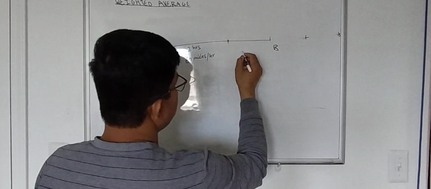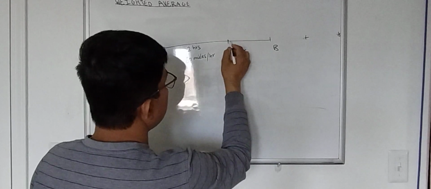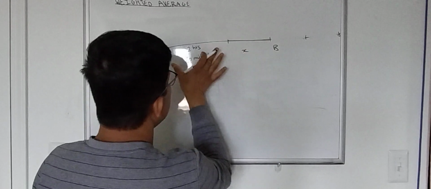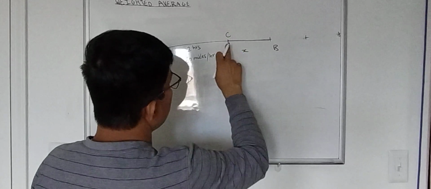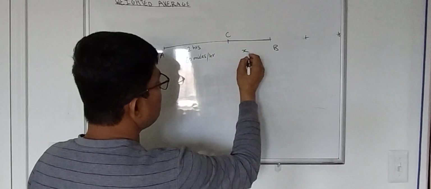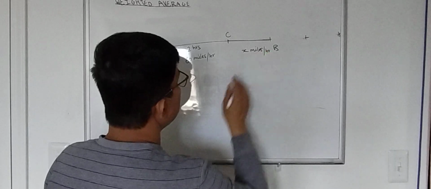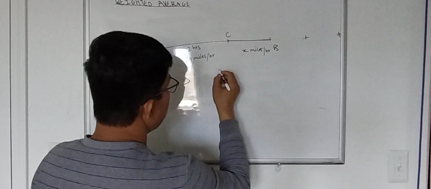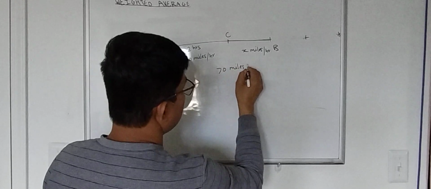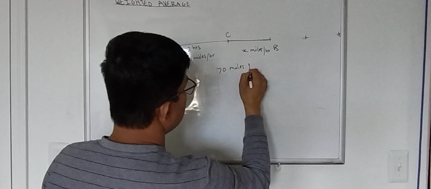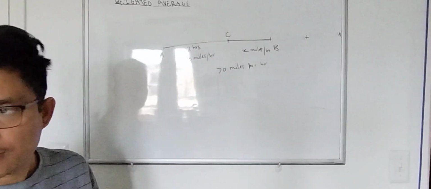So in 2 hours it reaches point C. Now from C to B, what should be the speed? We don't know, so X miles per hour, so that the average speed will be, let's say, 70 miles per hour.